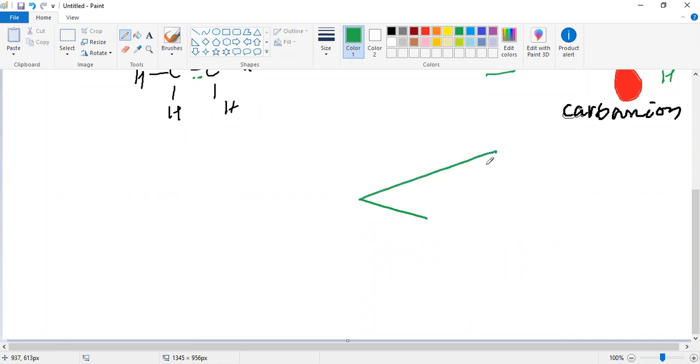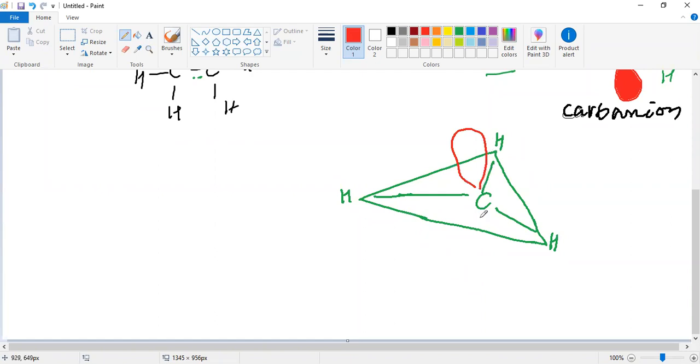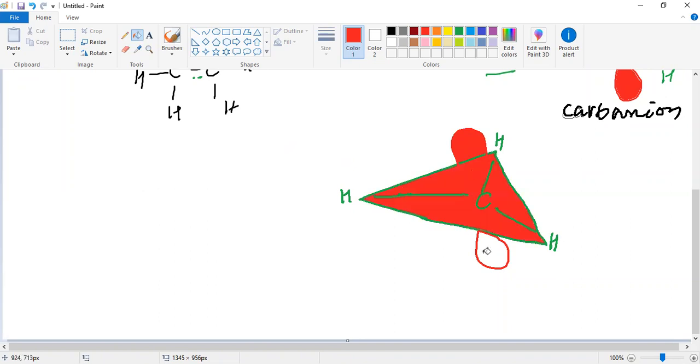You can see that in carbocation, this carbon is bonded with 3 hydrogens in the same plane, but it does not have its octet complete, it has a sextet, and that is why there is an orbital above and under this plane, and this orbital is completely vacant.